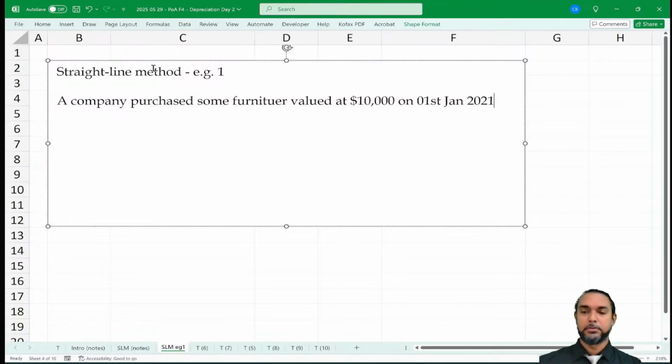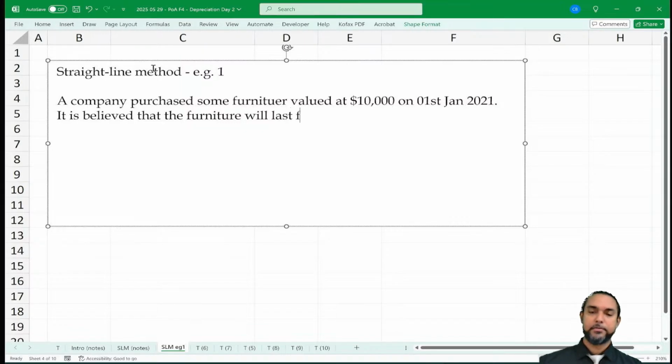Okay. It is believed that the furniture will last for 4 years and be worth $2,000 at the end of that time.